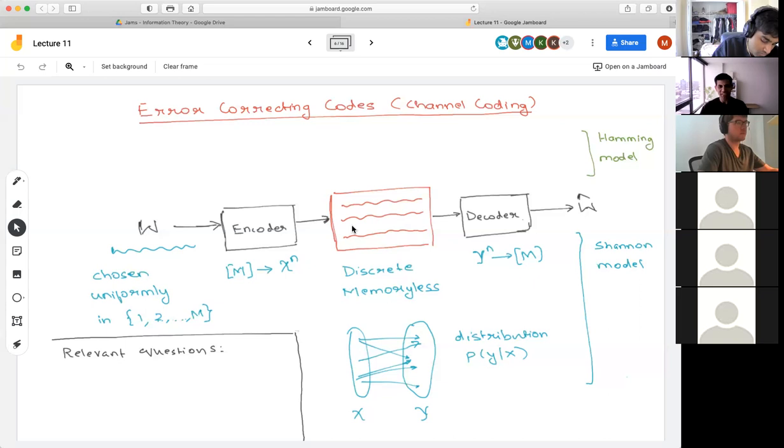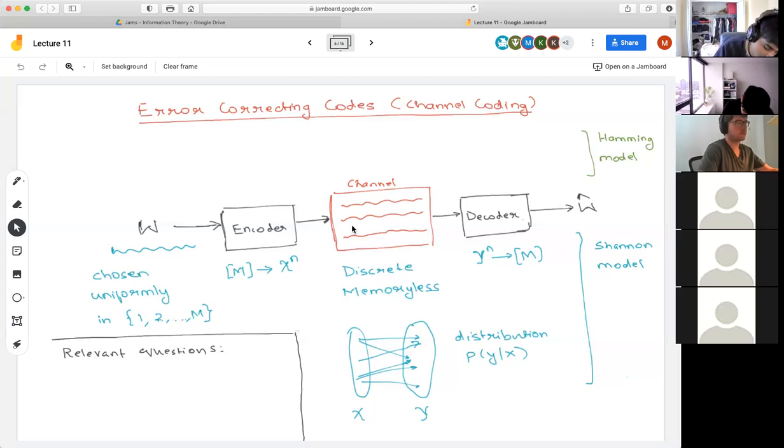And then we send this encoded message, or this string of length n, through what is called a channel. We're studying a special kind of channel here, which is called a discrete memoryless channel. Discrete because the universe over which the messages are sent, this script X, is finite.